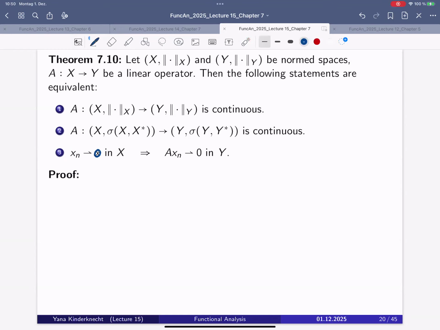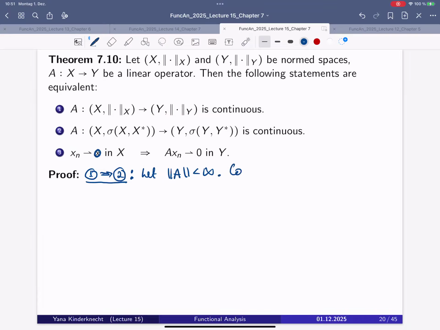Proof. Let us show that 1 implies 2. The assumption is that A is continuous as a mapping of two normed spaces. We know that continuity in this sense is equivalent to boundedness, that is, the norm of A is finite. Any continuous linear mapping is bounded, and any bounded linear mapping of normed spaces is continuous.